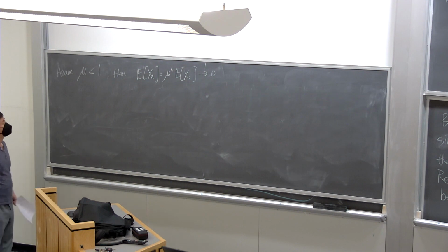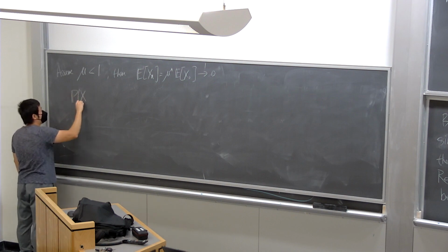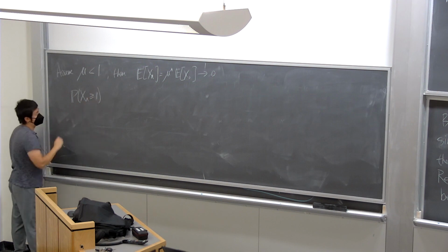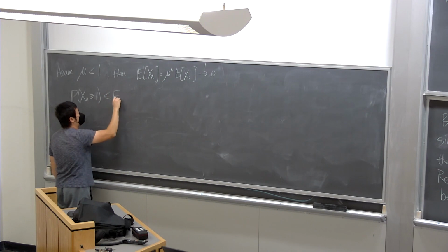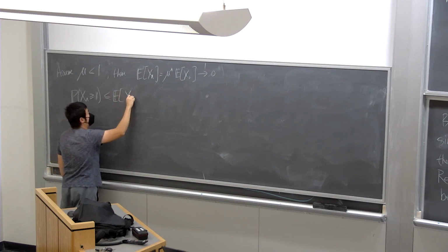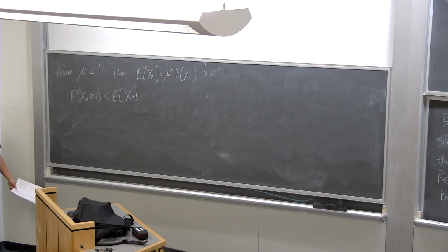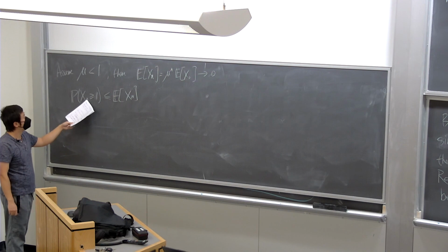So let's ask, what's the probability that x_n is greater than or equal to 1?